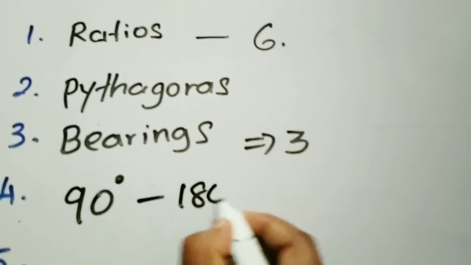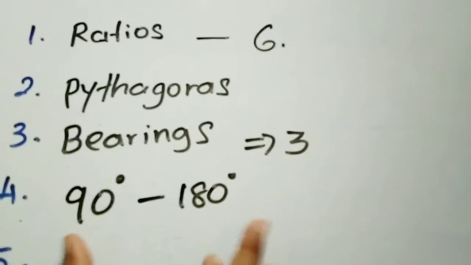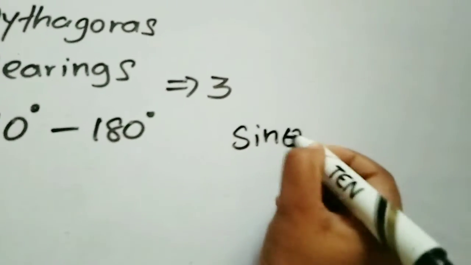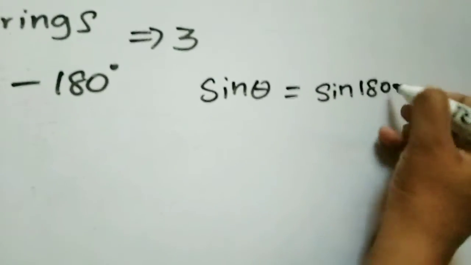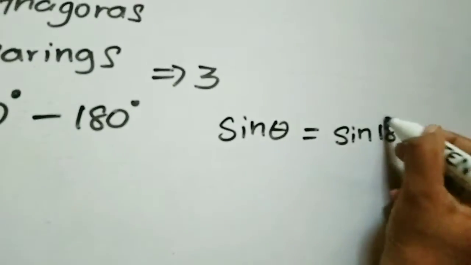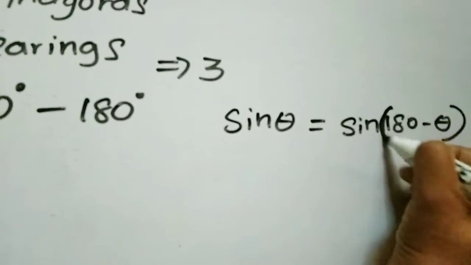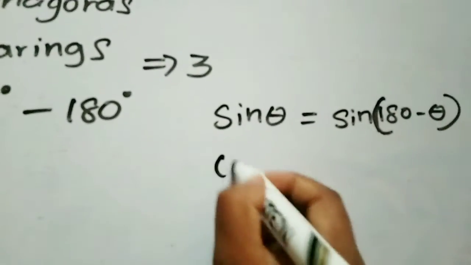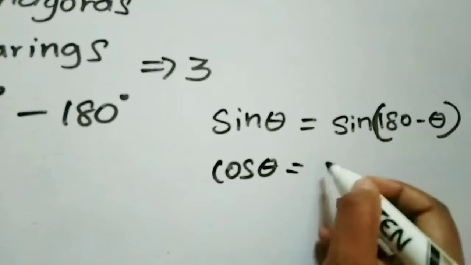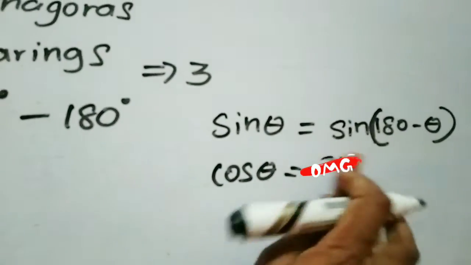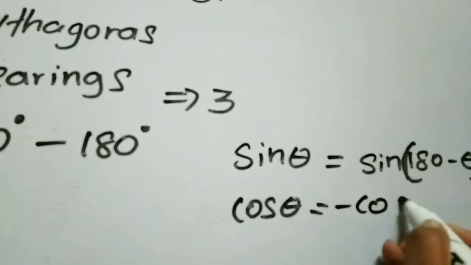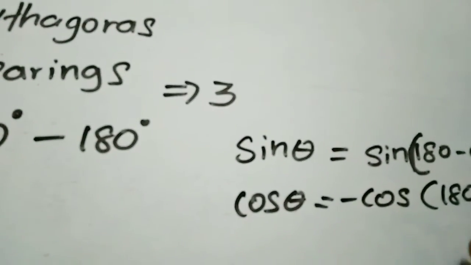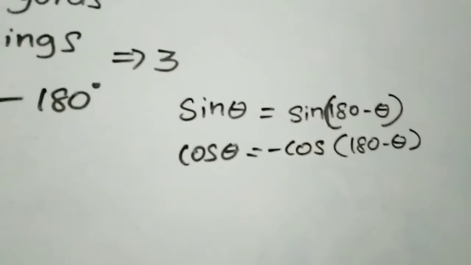Okay, the fourth one we have to discuss here is angles between 90 degrees and 180 degrees. Sine theta is equal to sine of 180 minus theta. Here theta is the unknown angle. Cos theta is equal to minus cos of 180 minus theta.